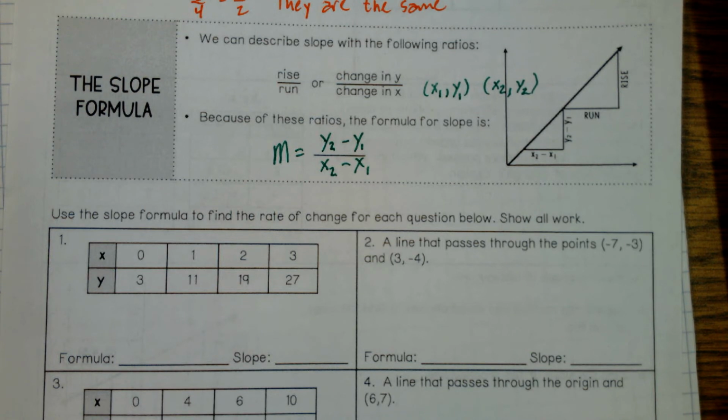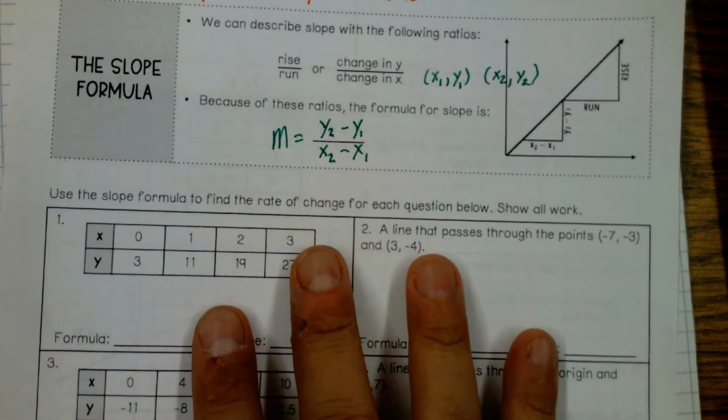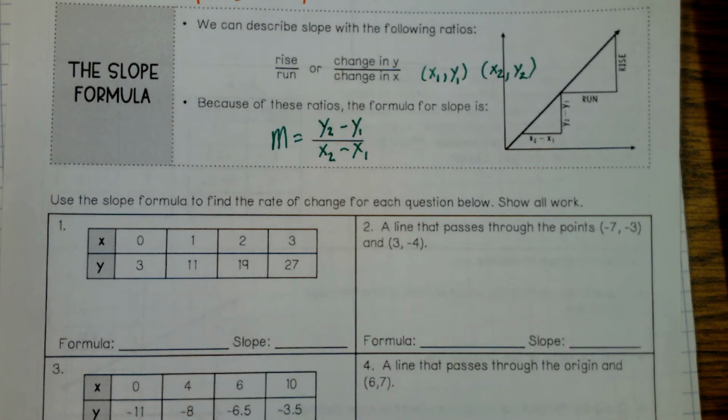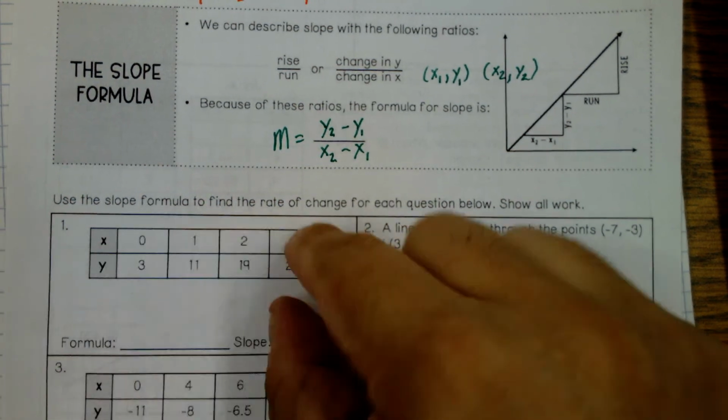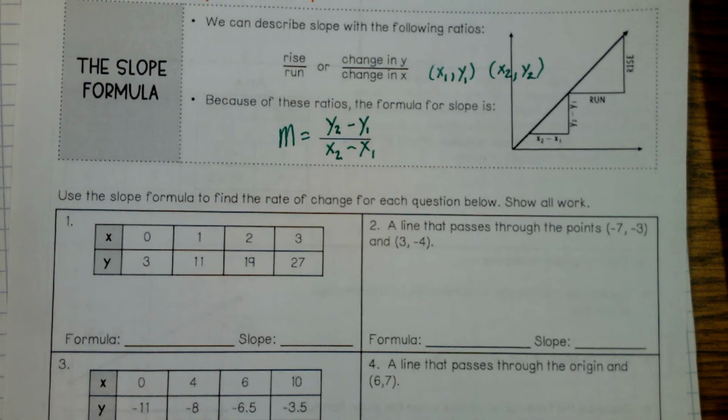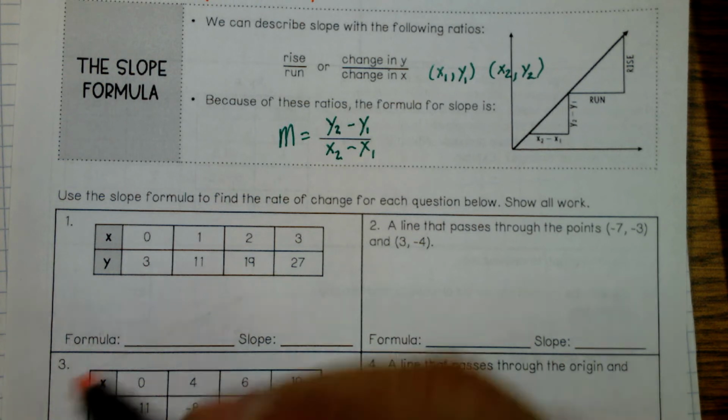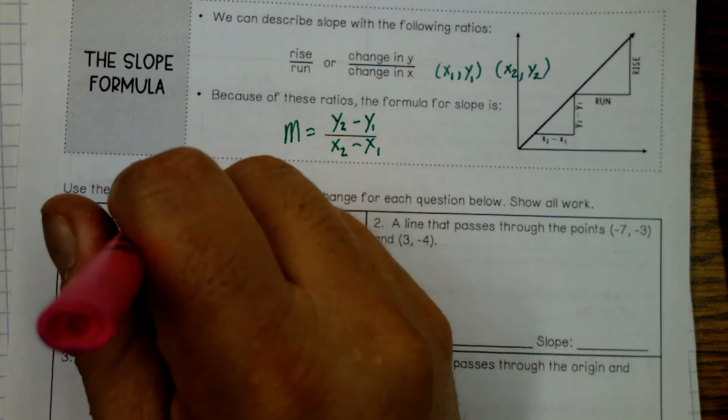So the thing is, when we have these tables, we're going to assume they're linear functions. So we don't have to find every single ordered pair and compare it to every other one. That would take long. We're just going to assume it forms a line. You pick any two that you like.